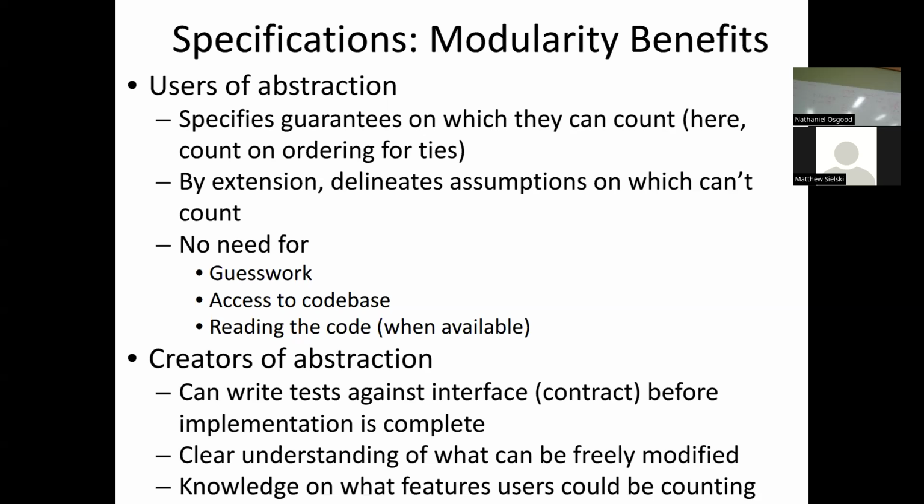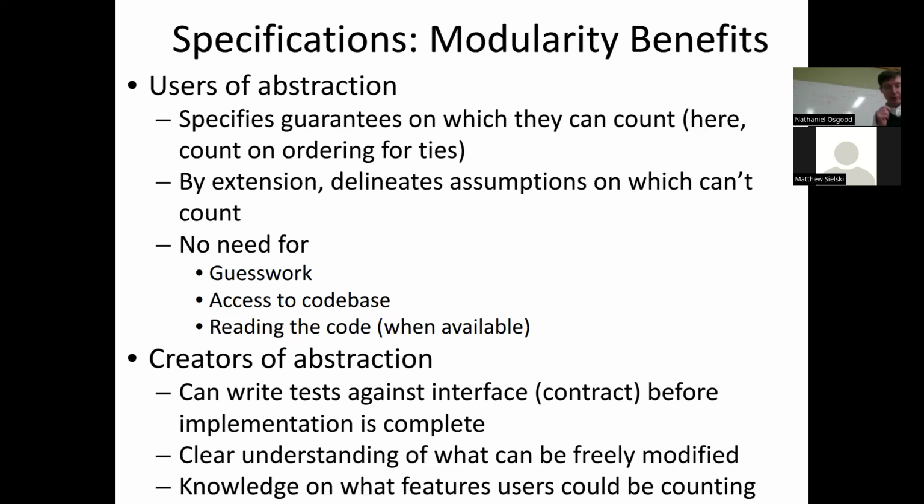But you also, as the creator of C, the person building up this abstraction to be used, also know what you can modify in the future, right? You know that you can change it from a bubble sort to a merge sort and get rid of that embarrassing bubble sort, going from n squared time to n log n time in the number of items in the array being sorted.